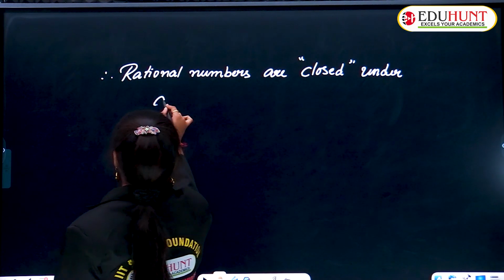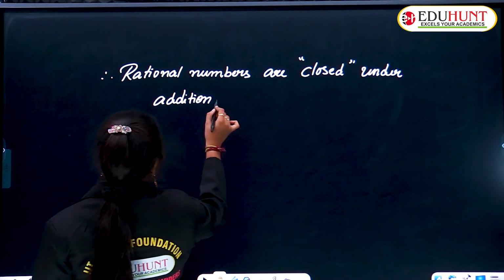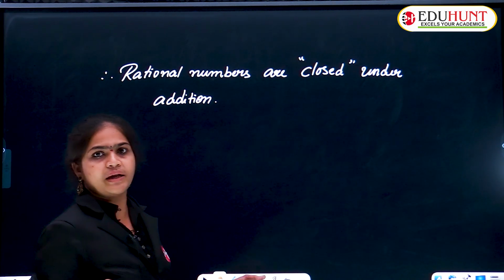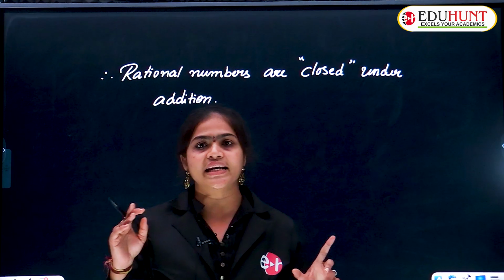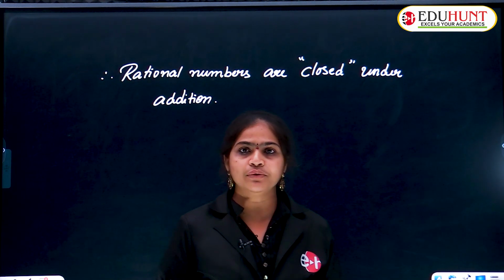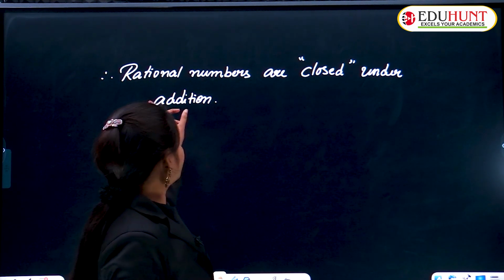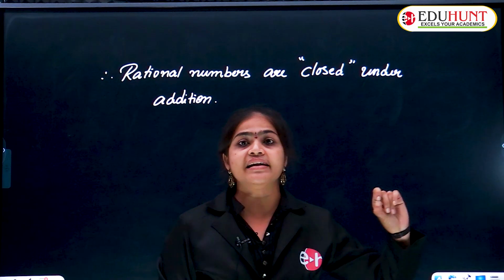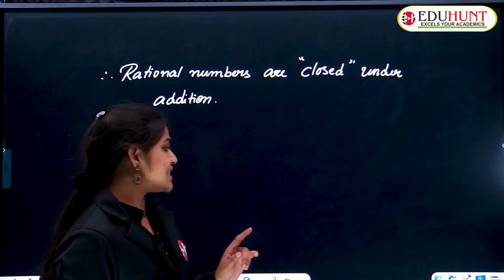Here you can take positive or negative rational numbers, whatever it may be. If you take any two rational numbers, one positive and one negative, or both positive, or both negative, whatever you take, the addition of rational numbers is closed under addition. Understood? Yes. Now come to subtraction.